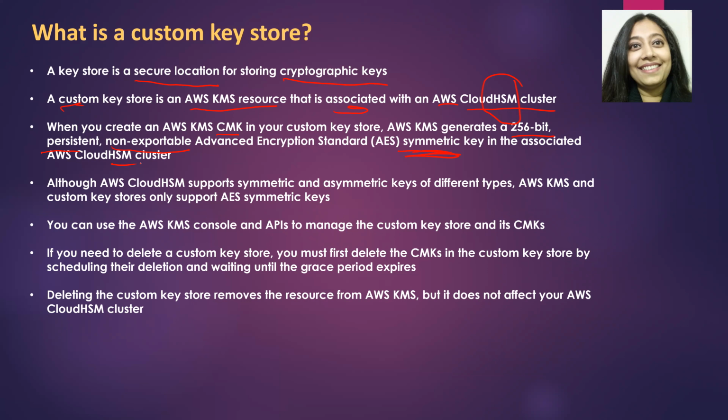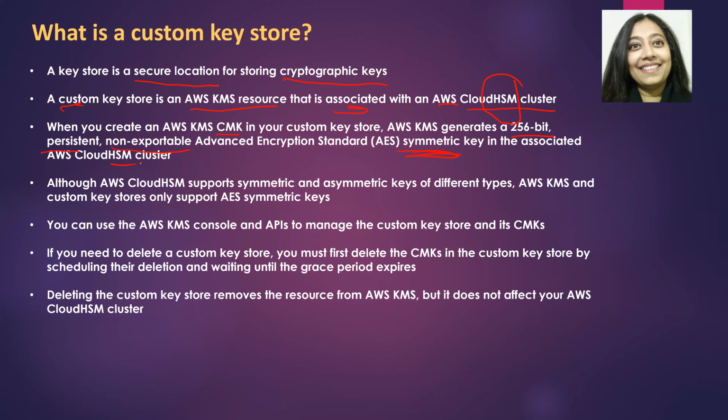Now remember, when you are in AWS KMS, you can create CMKs which are symmetric and asymmetric. But in a custom key store associated with HSM, you can only create symmetric keys. And this is as of now when I'm recording this video. Of course, this may change in the future, but as of now, you can only create symmetric keys.